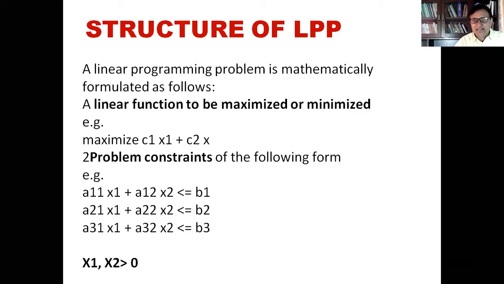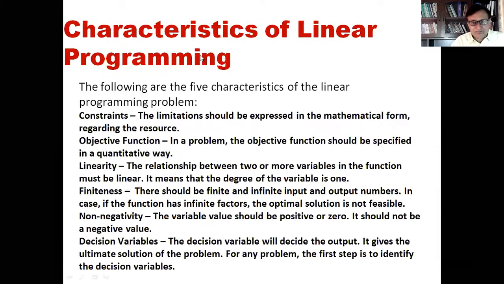So this data is required for formulating the linear programming problem. The first step is to convert the problem into the prescribed structure of linear programming, and that structure contains three things: one is the objective function, second is constraints, and third is the non-negativity condition.